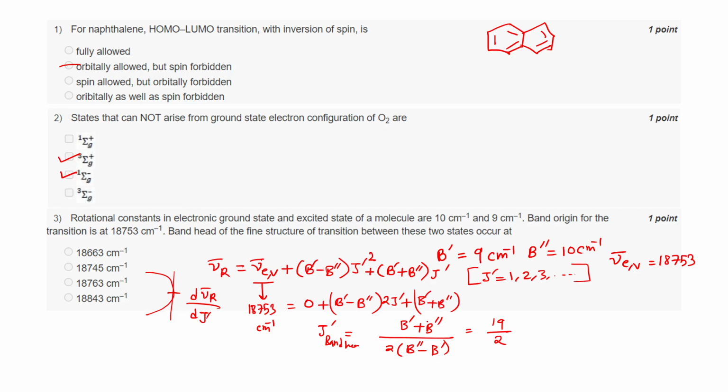One thing: your J dash value is always going to be 1, 2, 3, and so on. But for the band head you are seeing 19 by 2, which is not an integer. These are quantized, that is why J dash is 1, 2, 3. It can't be anything other than an integer. 19 by 2 is 9.5, so that is not possible. It can be either 9 or 10.